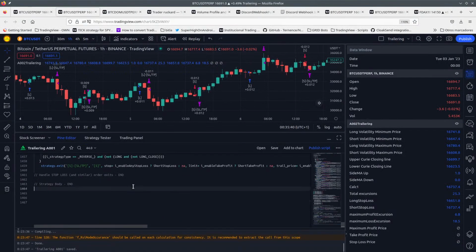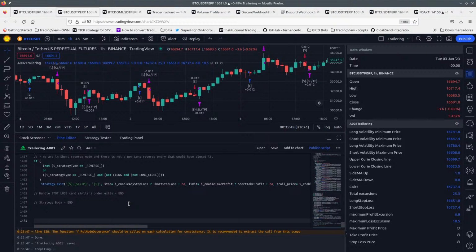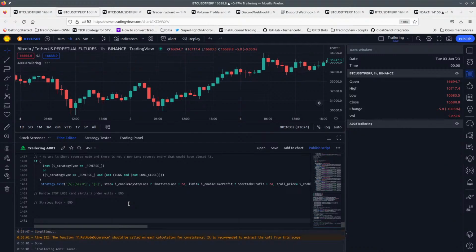Let's see if this works at all. This should be A3 right now, because we have managed to fix this, and only one of the two will work properly, because that's what we are doing right now. Let's see what we get here.